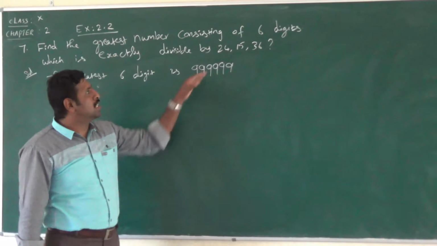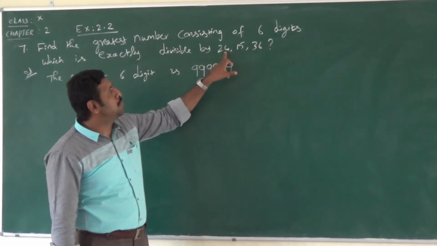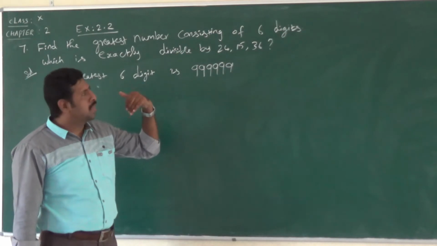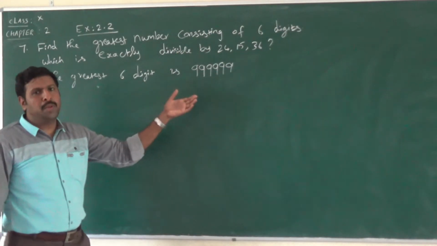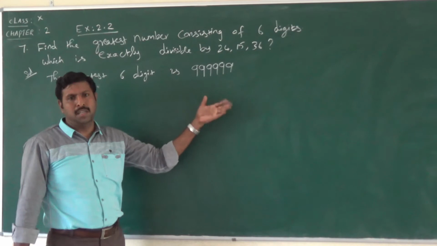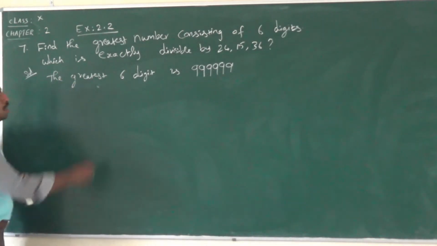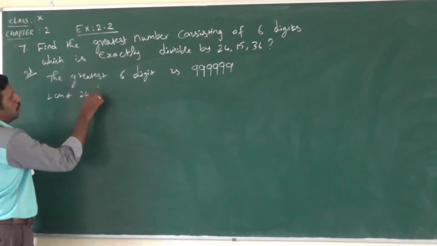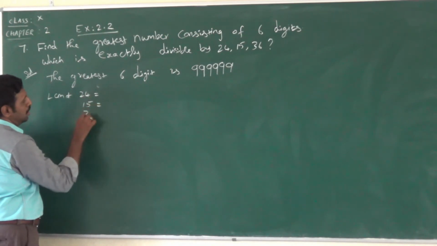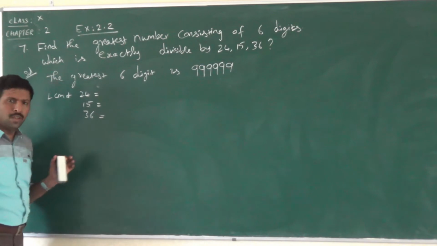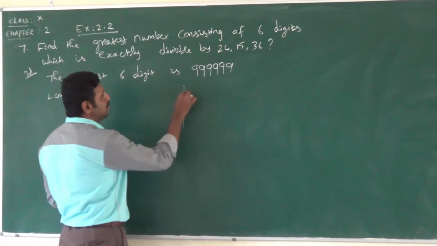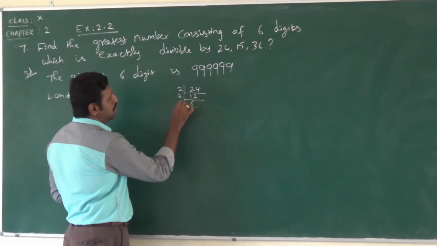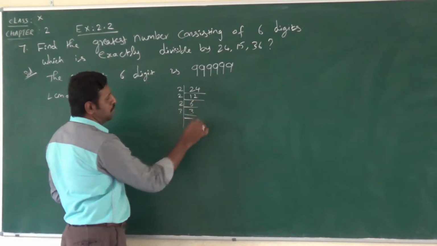Now we want to find the LCM of the numbers 24, 15 and 36. First we have to find the LCM, and then the greatest number should be divided by the LCM. Let's see that. Here, LCM of 24, 15 and 36. Take 24: 2, 12, again 2, 6, again 2, 3.